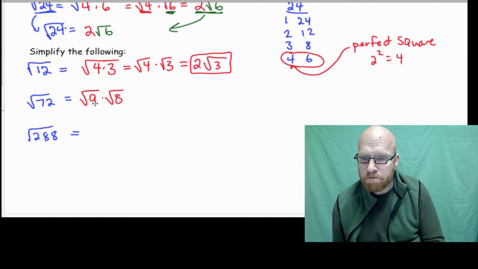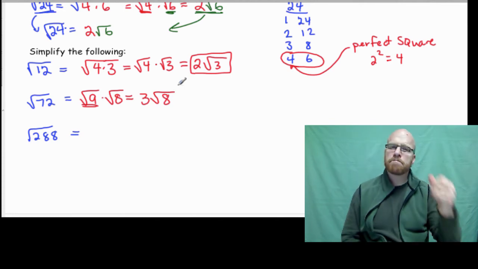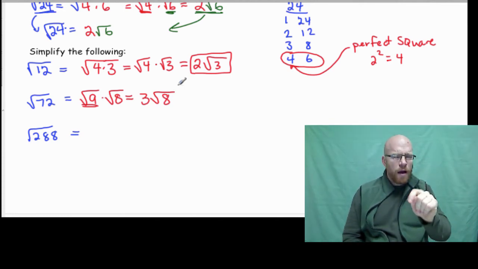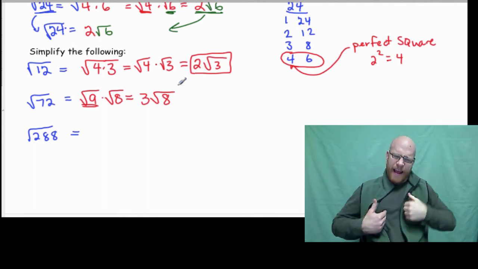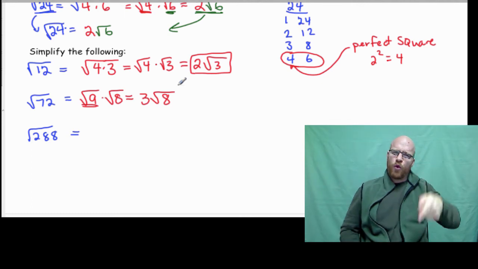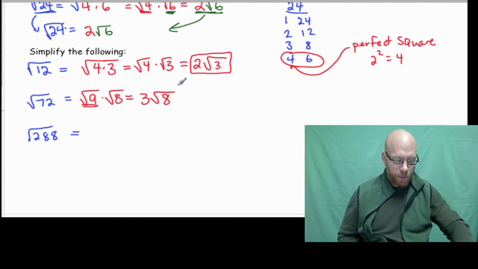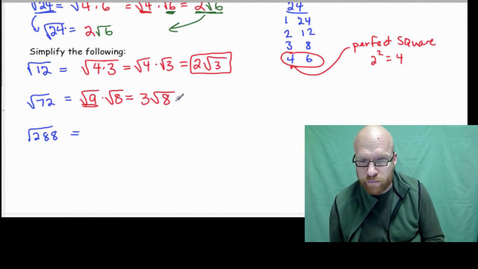Okay. So far, so good. Square root of 9 is 3. So 3 times the square root of 8. But 8 has other perfect squares remaining inside it. 4 would work. So we've got more work to do. We're not done.